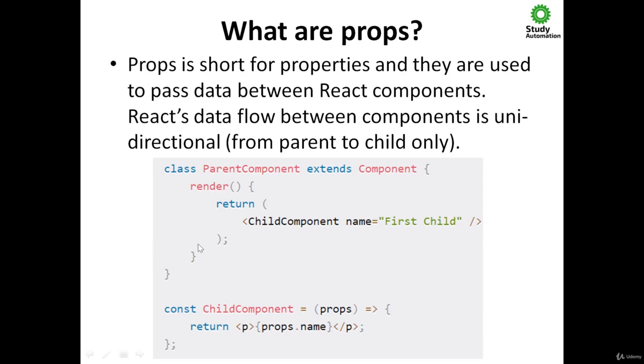In this example, you can see we have a parent component, one of the classes, it returns the child component, and in the child component we are just passing the attribute name. Now this name will be used in the child component through props. In the child component we can see we are passing our parameter props and then we are returning props.name.